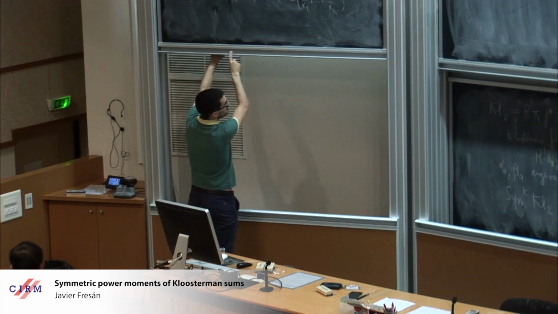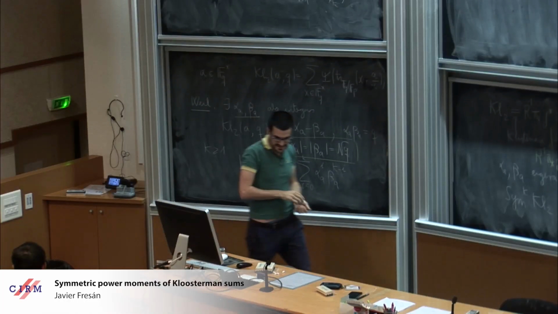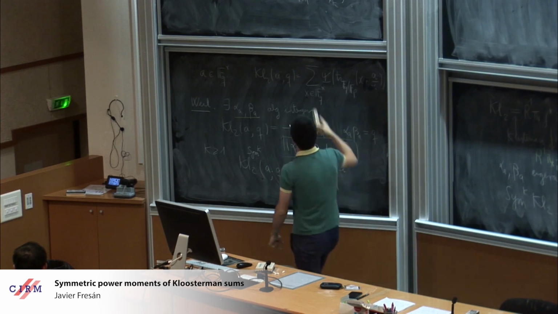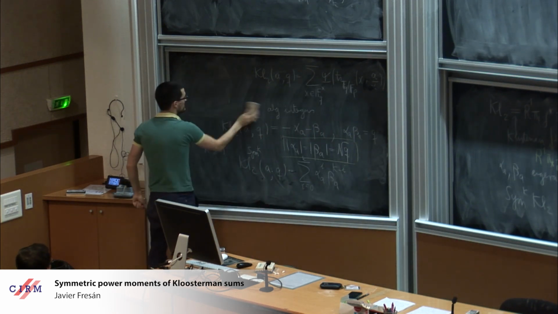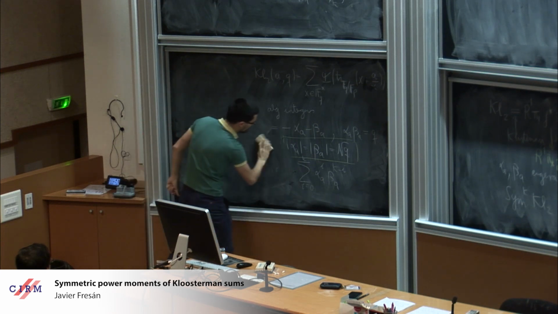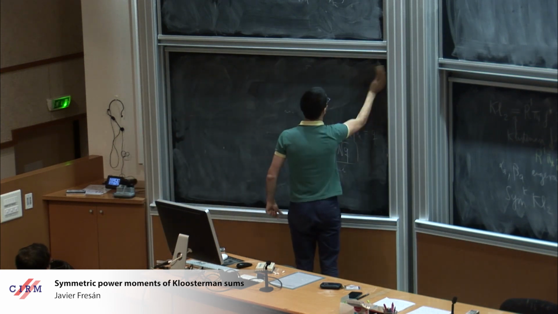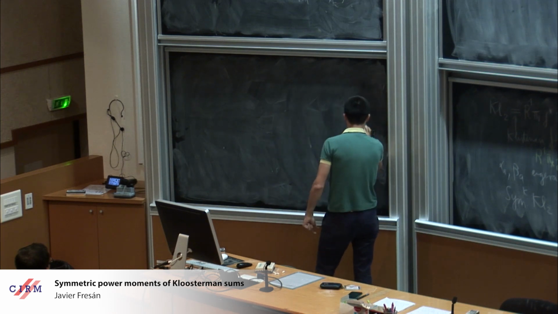And now the very innocent but crucial observation is that if you replace z by z squared, then this function is much easier to study, and you will see why.